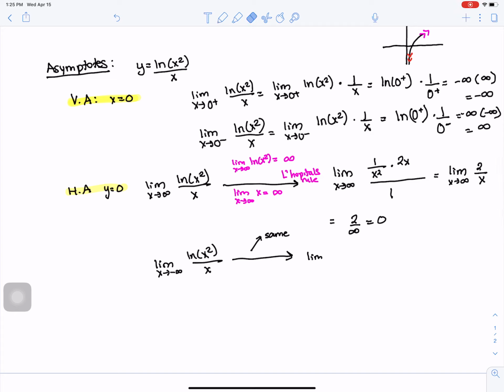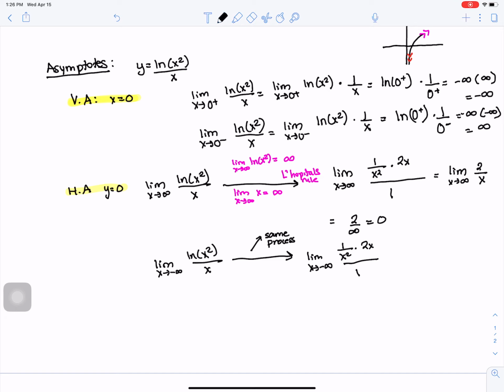The fact that they're both infinities of some sort means you can use L'Hopital's rule. So it's the same process as above. I do the derivative of the top, derivative of the bottom, so I get 1 over x squared times 2x, and the derivative of the bottom is 1.